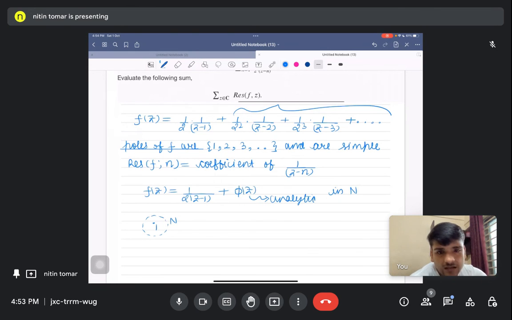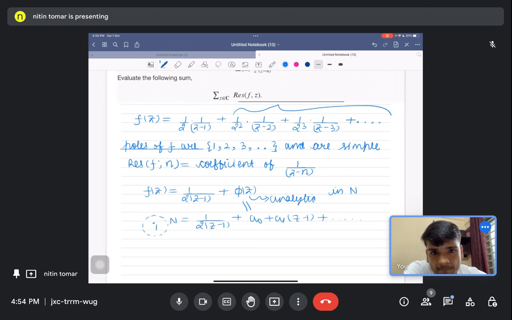Now when you write down the series in this neighborhood, it will be a naught plus a1 times z minus 1, and so on, of phi z, because phi z is analytic, so it has a Taylor series expansion.